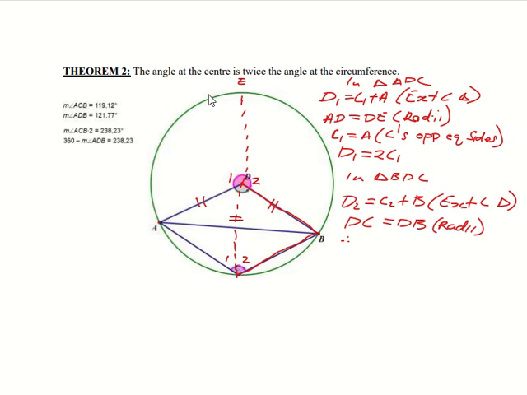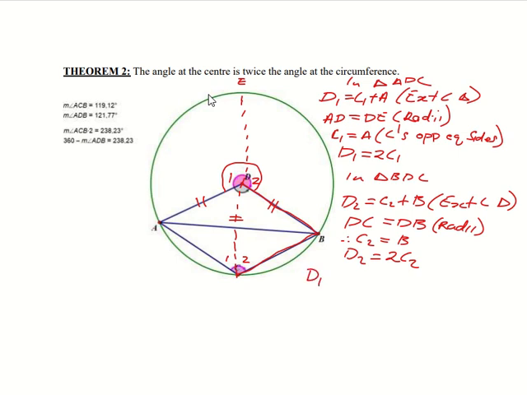Therefore C2 is equal to B, but we've said that D2 is equal to C2 plus B, but B is equal to C2, so it's going to be C2 plus C2, which is 2 times C2. And then now we can create this whole angle as what?